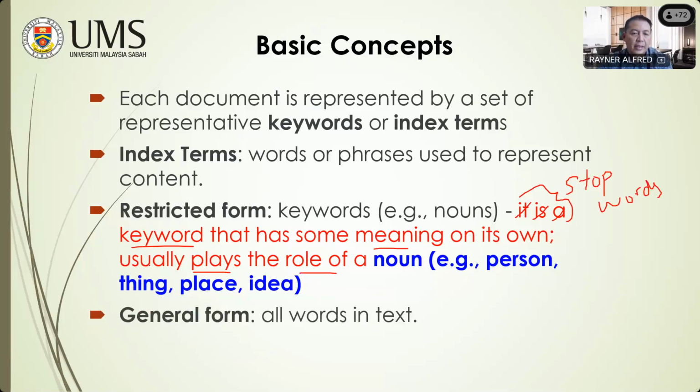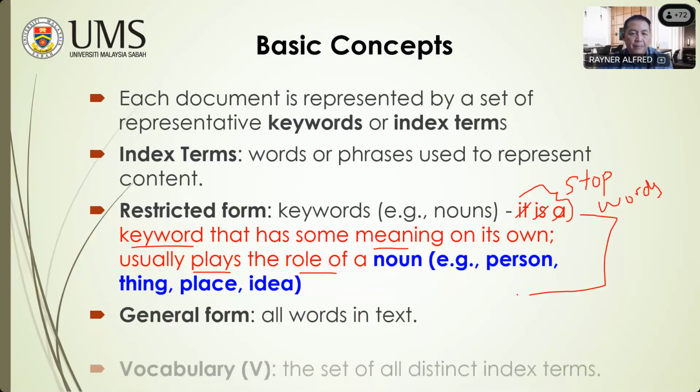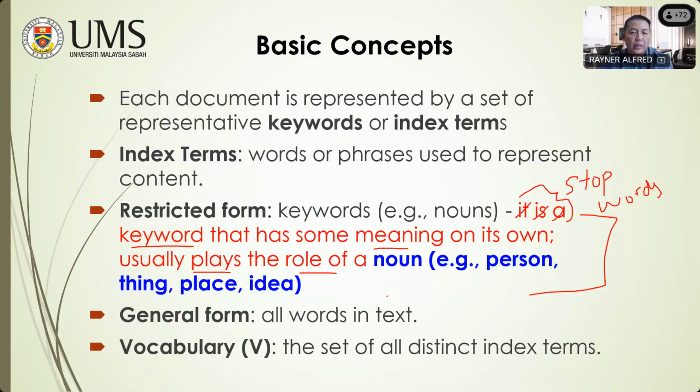We could also have the general form, which means that we take all of these as the tokens, as the tokens that represent the document that we have. And when we collect all of these, this is what we call the vocabulary.